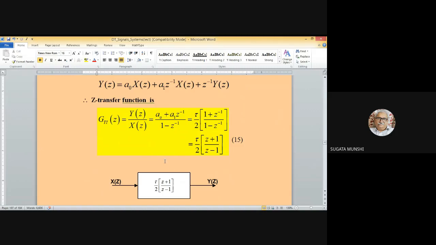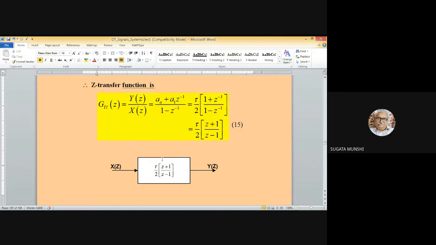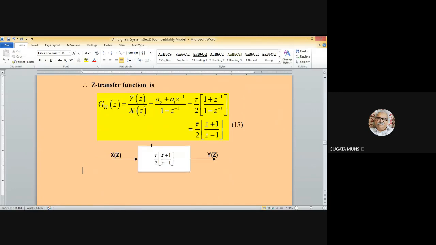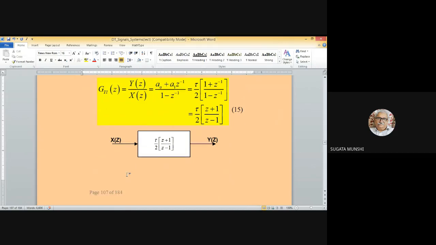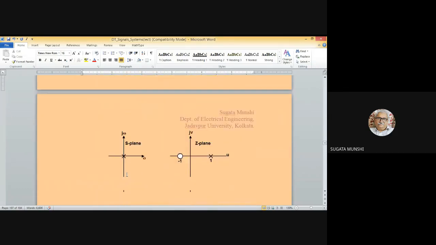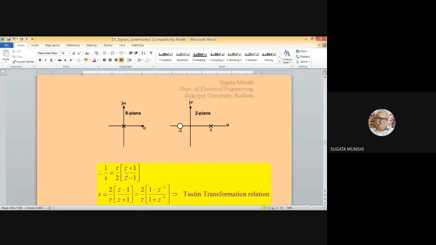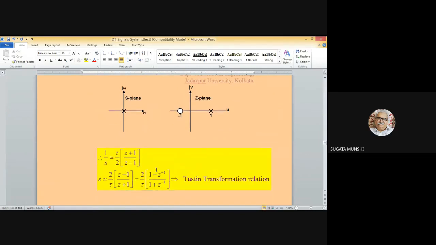Now here is that logic. So this is the bilinear transformation or Tustin transformation relation.